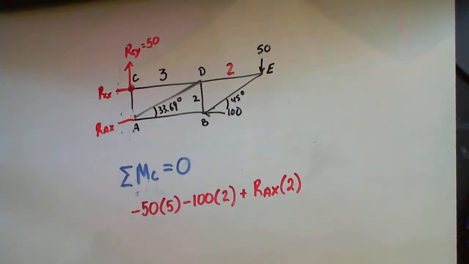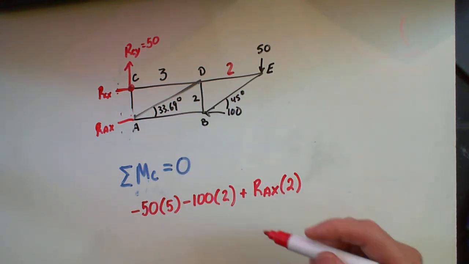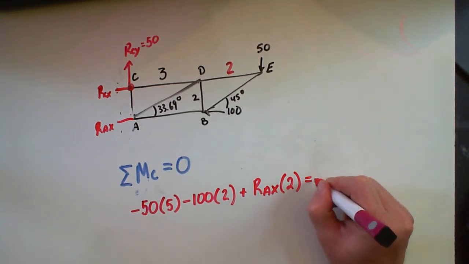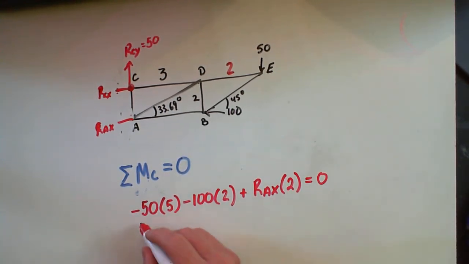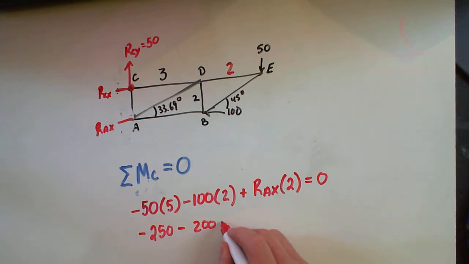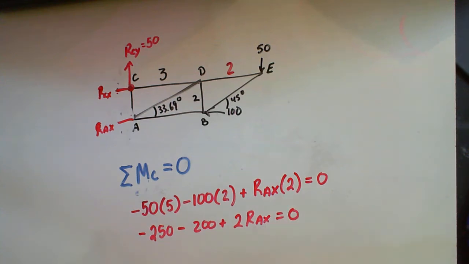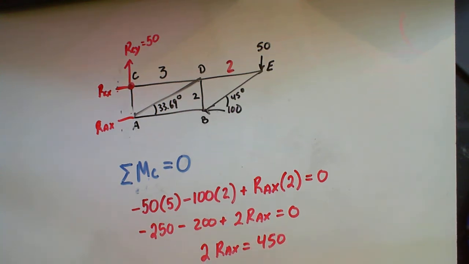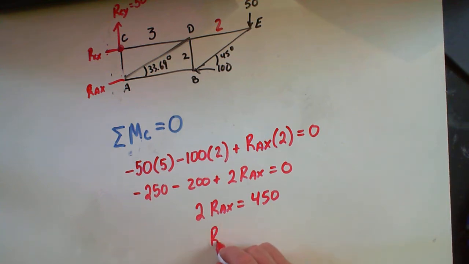Those are all the forces that we have at work in this problem, and so that must sum to 0. That gives us negative 250 minus 200 plus 2RAX equals 0. 2RAX equals 450. And so RAX equals 225.